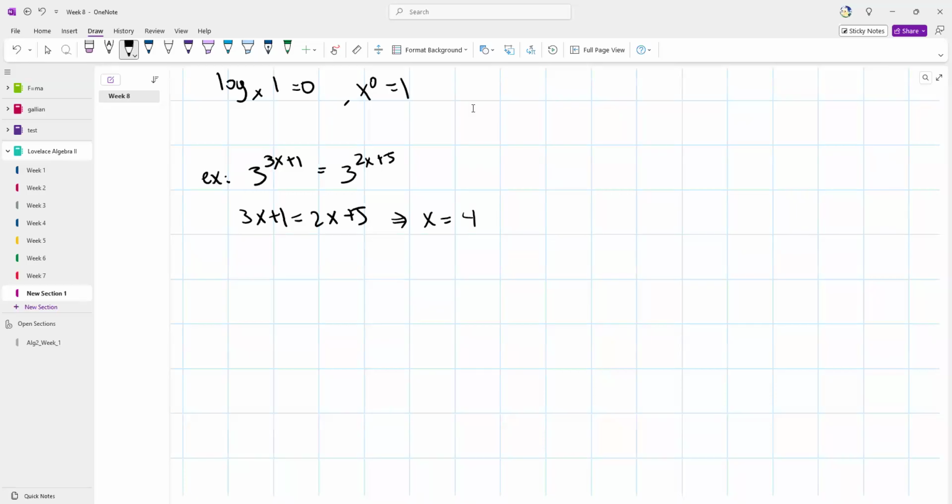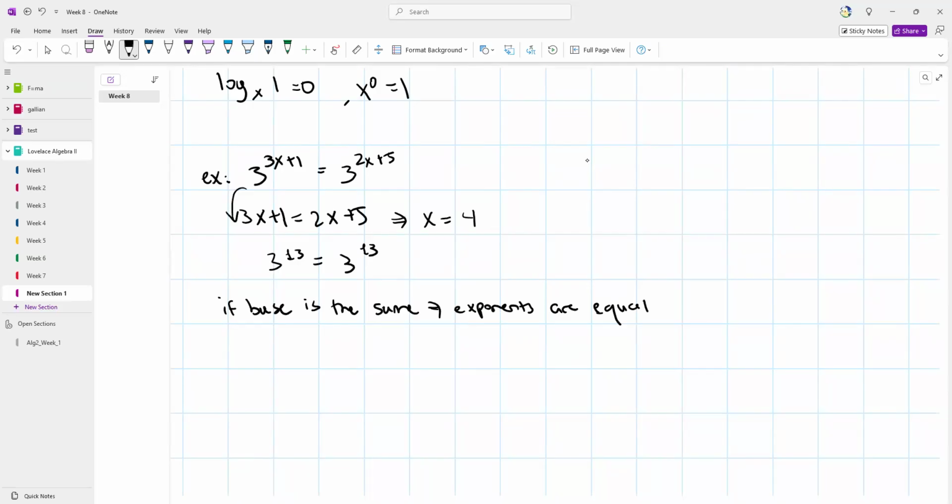And then make sure we plug this back in, so we have 3 to the power of 13 is equal to 3 to the power of 13, which is right. So the general idea is that if the base is the same, then you can just directly look at the exponents. Which is basically what we did from this step to this step when we were taking the log.